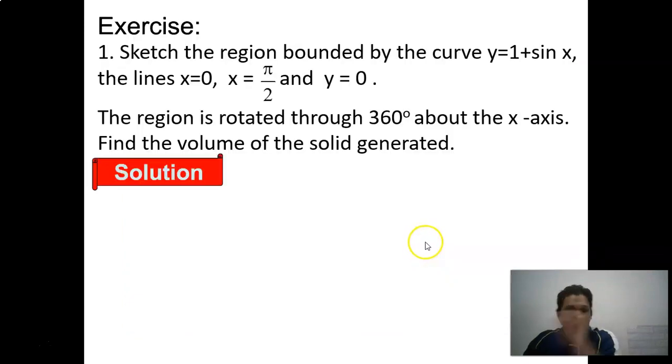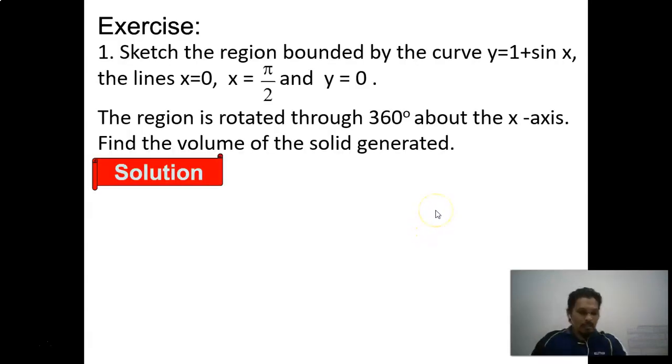I have a recall exercise for all of you. In this exercise, find the volume of the solid generated here.